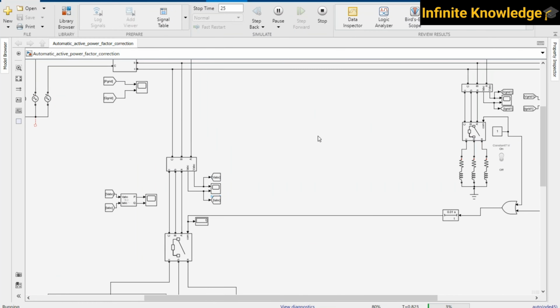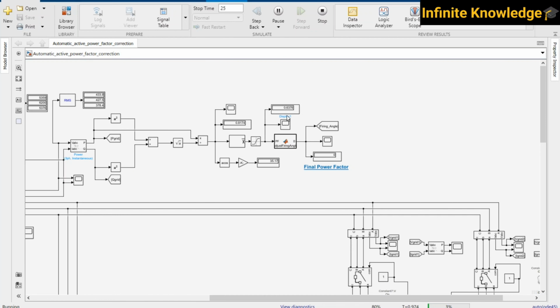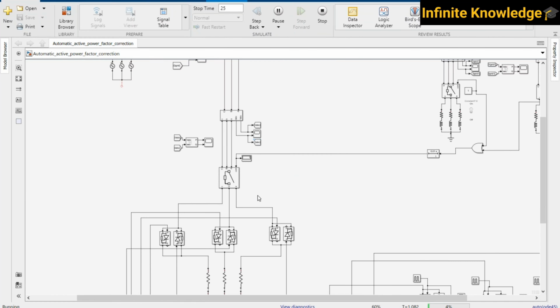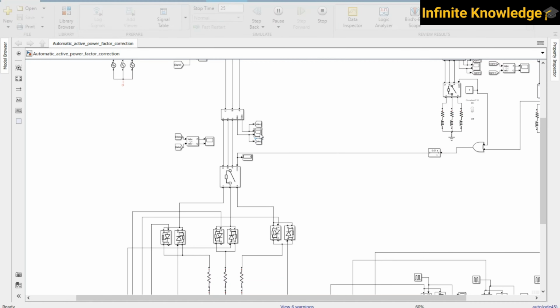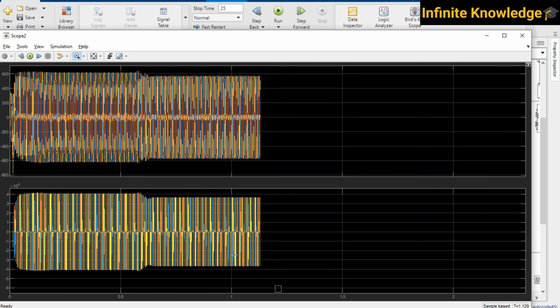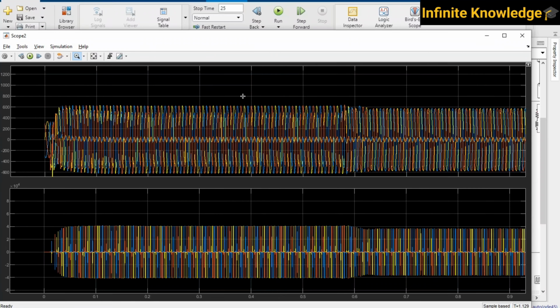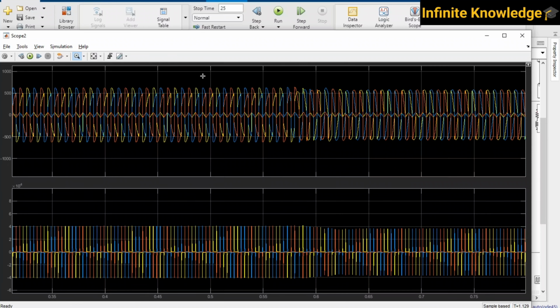If the firing angle is increased, then obviously your power factor will reduce. You can see your power factor is reduced and it cannot maintain the power factor. Why is it happening? Initially your system is feeding some reactive power to your load.